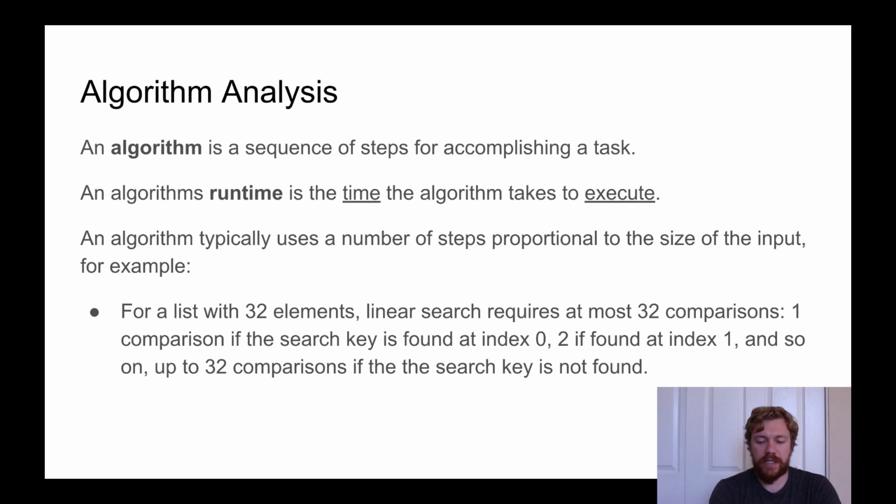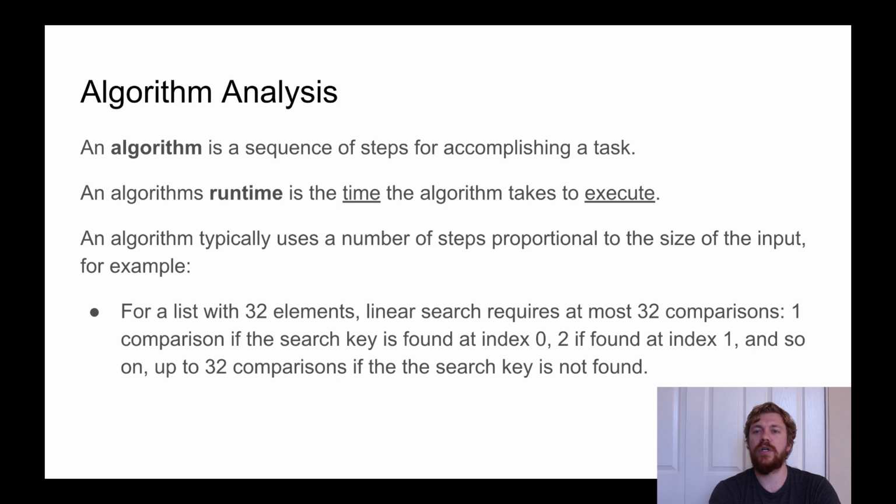And so looking at this example here, an algorithm typically uses a number of steps proportional to the size of the input. For example, for a list with 32 elements, linear search requires at most 32 comparisons. One comparison is only needed if the search key happens to be found at index 0. 2 comparisons are only required if the search key is found at index 1, and so on and so forth, up to 32 comparisons if the search key happens to not be found.